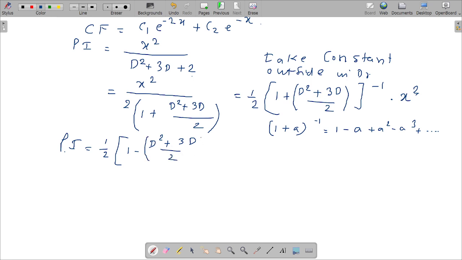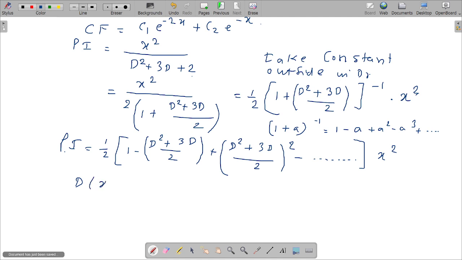1 term, then the next term is plus d square plus 3d by 2 whole square minus etc. The remaining things are not needed. Now x square is there. As I told, what is d? D means differentiation with respect to x, is it not?